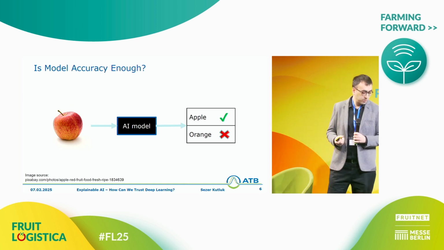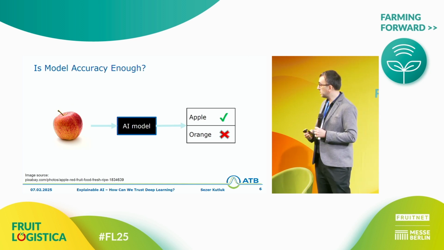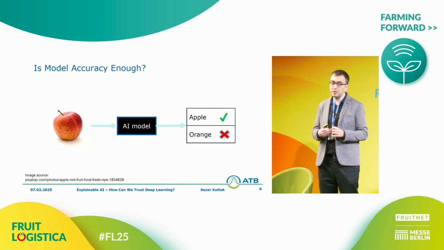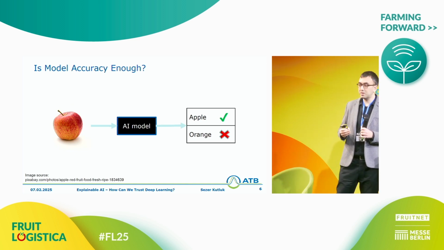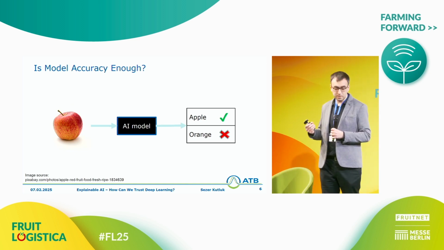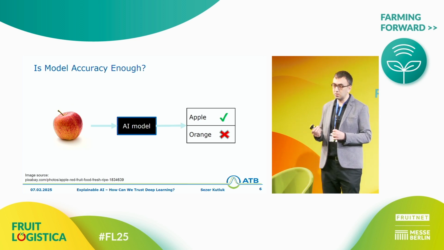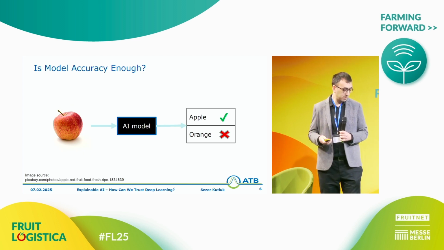However, as I said before, these AI models, especially in the deep learning era, are black boxes. So we don't know what's going on inside it. We know the mathematical functions, but the large number of parameters are tuned by using solely the data. So we don't exactly know what's the reasoning mechanism.